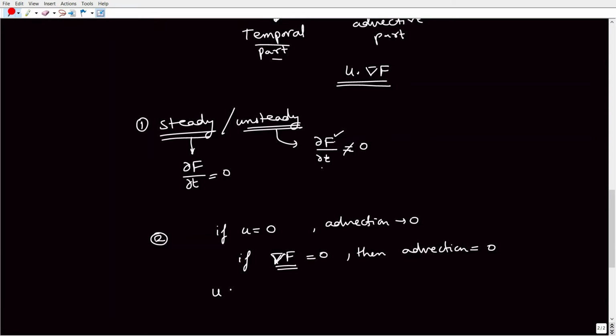And also if the velocity and the gradient of the flow field are perpendicular, then the dot product of them will be 0 because they are perpendicular. So if u is perpendicular to del f, then also the product will be 0, and in that case also the advection part will be 0.